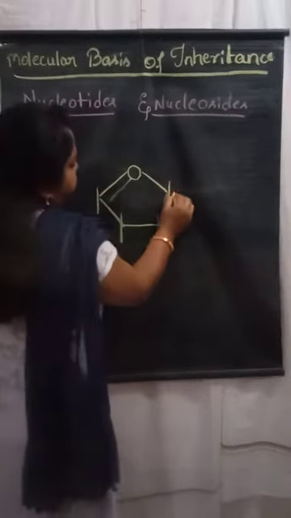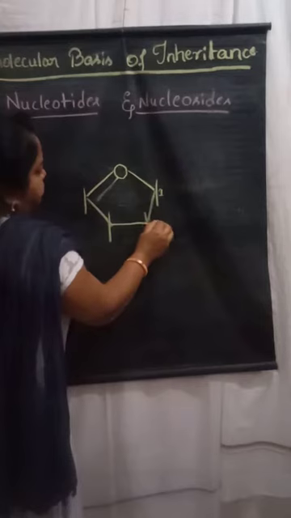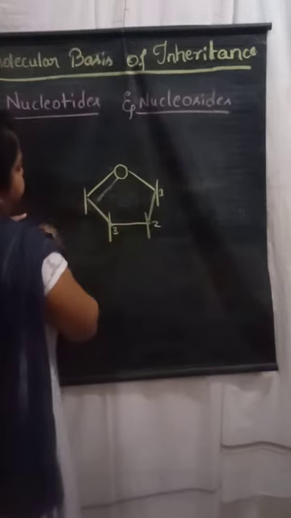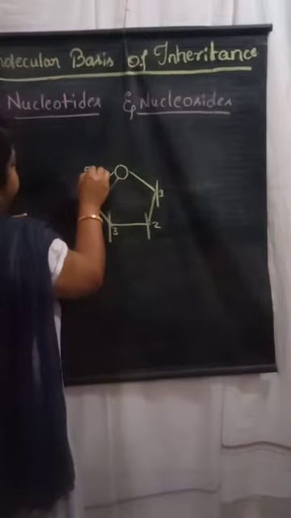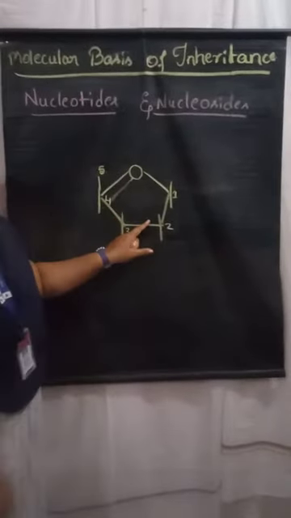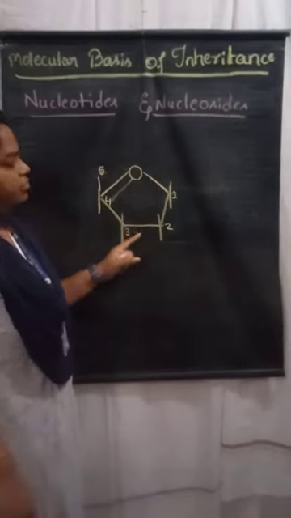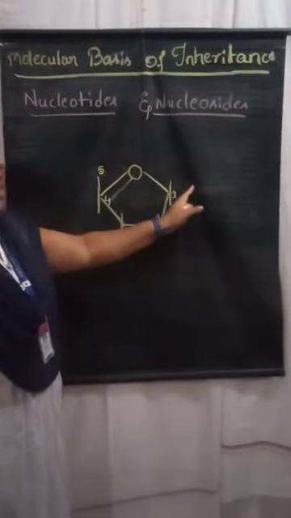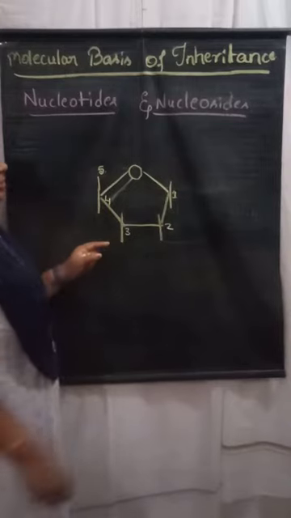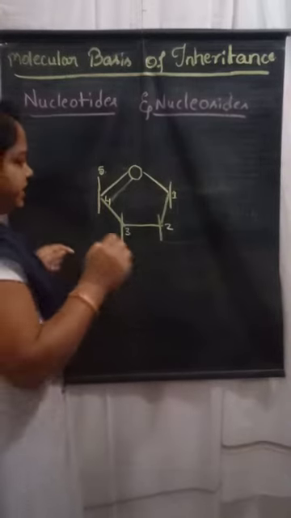This is carbon number 1, carbon number 2, carbon number 3, carbon number 4, and carbon number 5. This is the pentose sugar, and the second chemical component of the nucleic acid is the nitrogenous base.